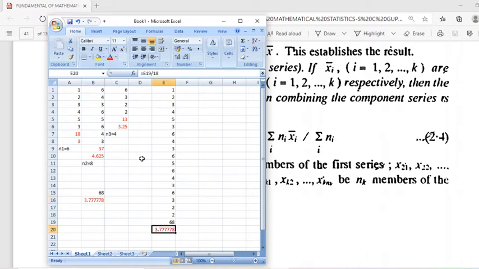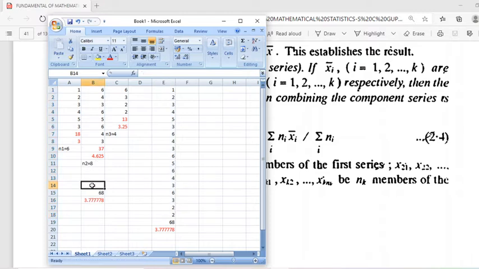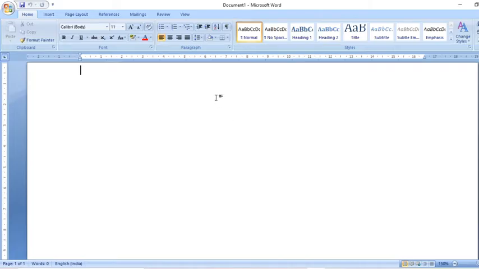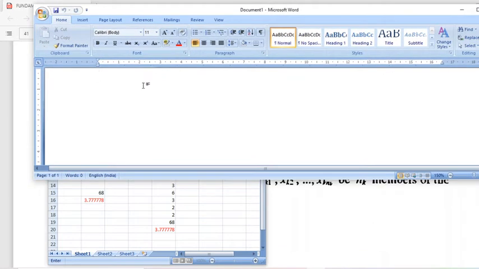So what method have we used? We have combined the means, taken the total and divided by the total number. Instead we can compute the mean of each series, and we can add the total of each series. What is the formula we have used? Can we represent that formula? Let us take the word format.